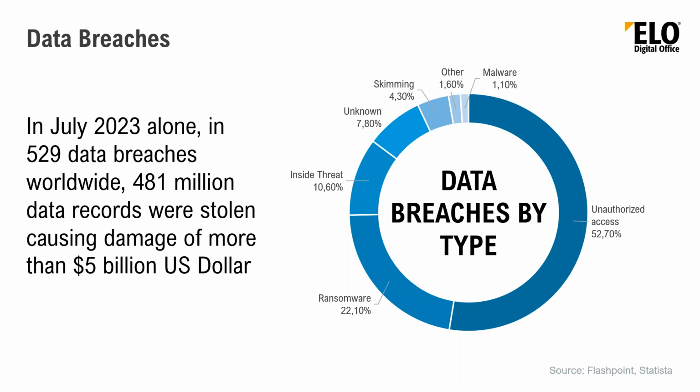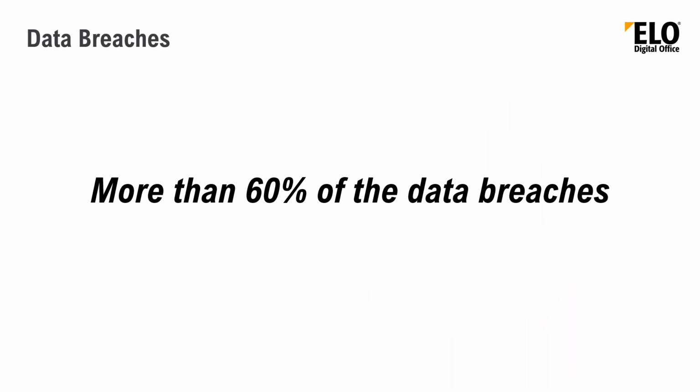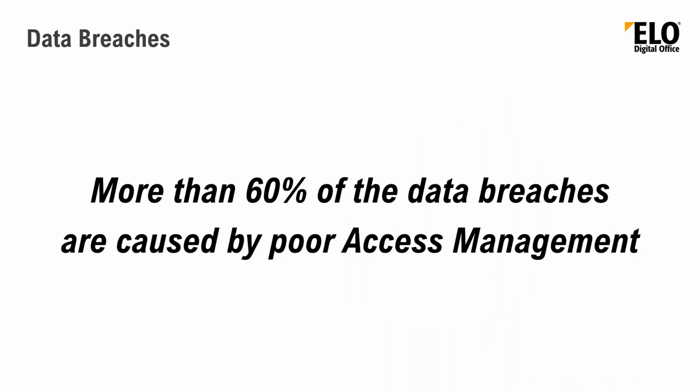More than half of them are responsible for data breaches, unauthorized access. Then we have some ransomware. Then we have an inside threat with unknown things which can happen, skimming, other, and malware as well. So more than half of the data breaches worldwide happen because by poor access management.